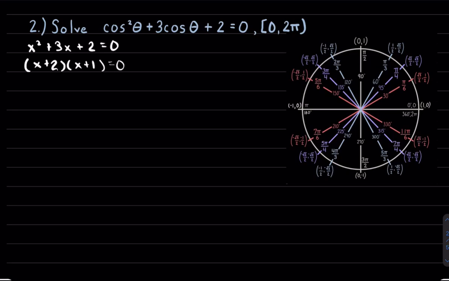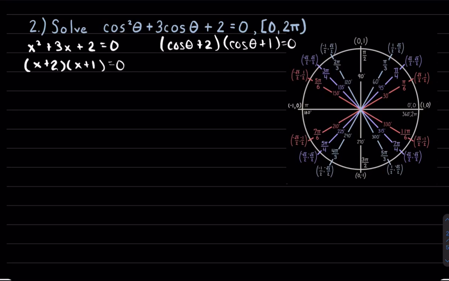So if we come back and instead of saying x, we plug in cosine, since it says cosine squared, not x squared, that would factor to cosine theta plus 2 times cosine theta plus 1 equals 0. Now, just like before, to solve, you set each factor equal to 0 and solve.